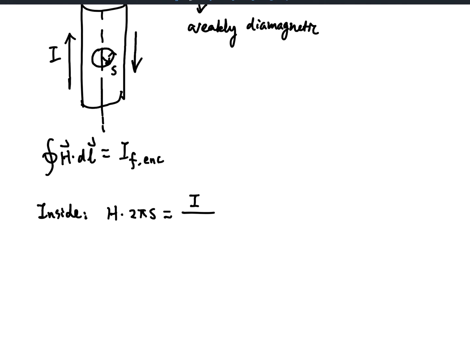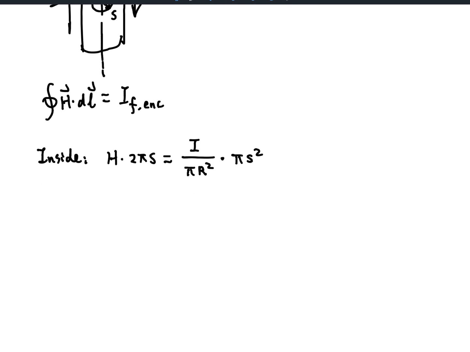If we consider this is the whole rod, the overall current is I, so the current per unit area is I divided by pi r squared. And now this Amperian loop has an area that is pi s squared.